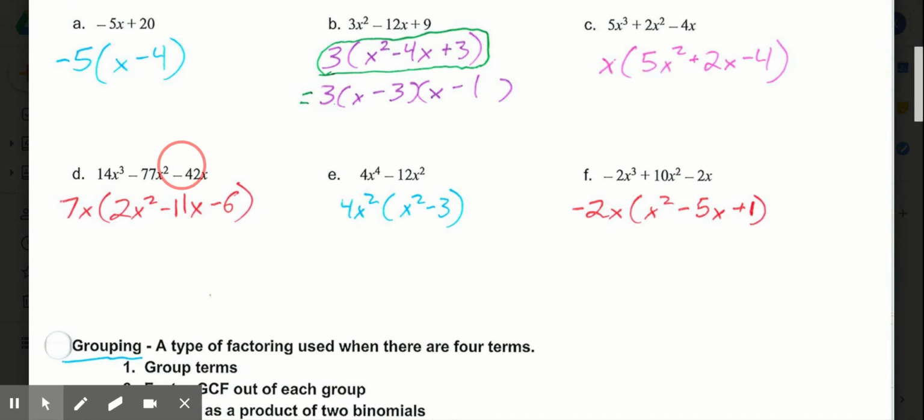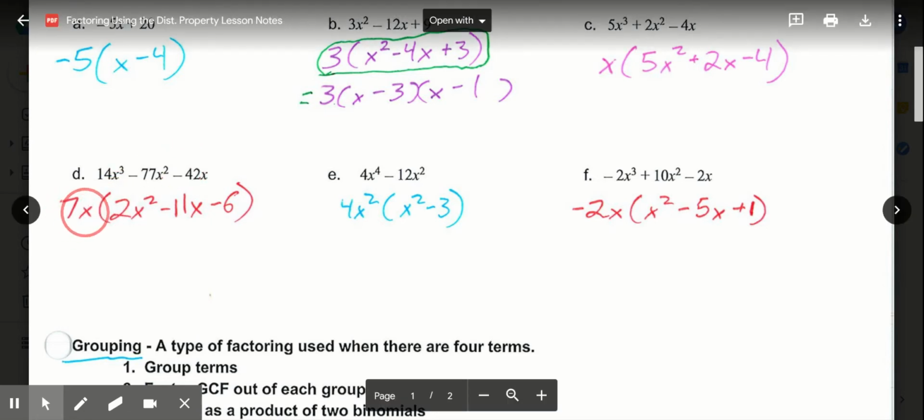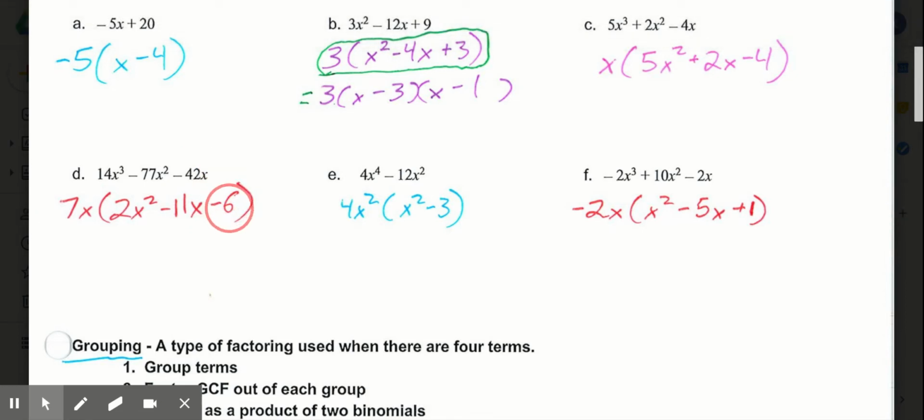So this time around, we're going to factor out the 7x as our greatest common factor. Then on the inside, divide everything by 7x. So 14x to the third becomes 2x squared, negative 77x squared becomes minus 11x, and minus 42x becomes minus 6.